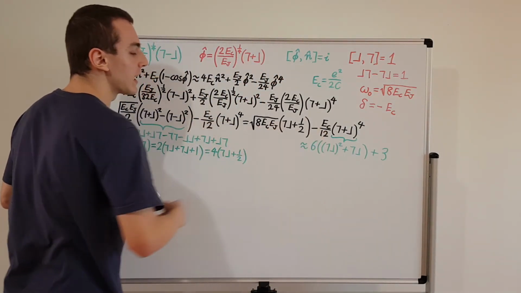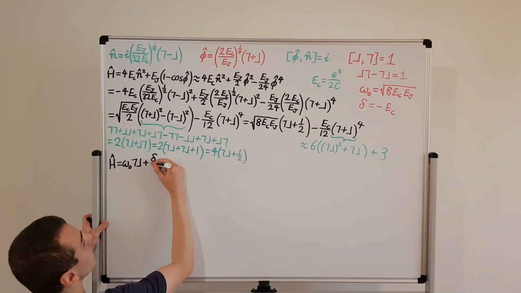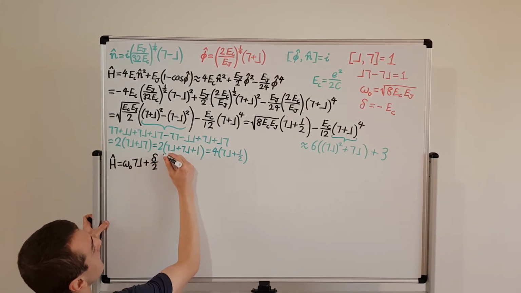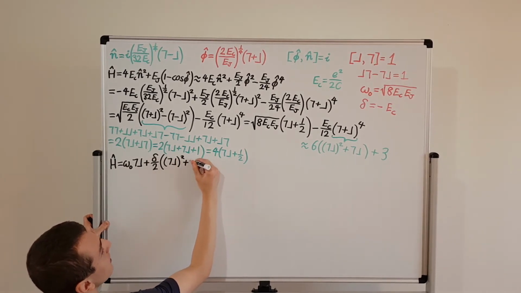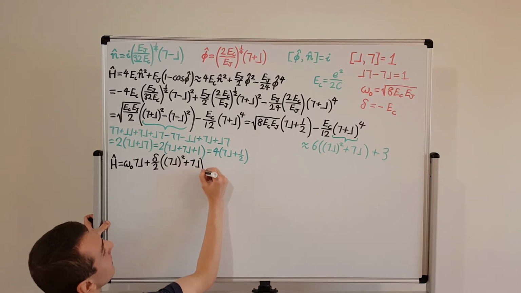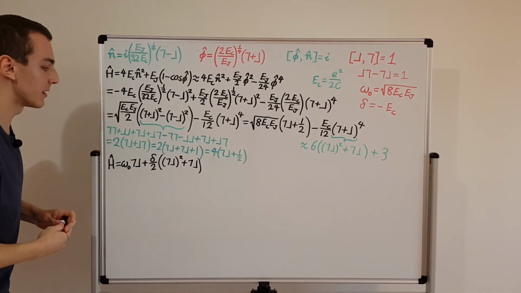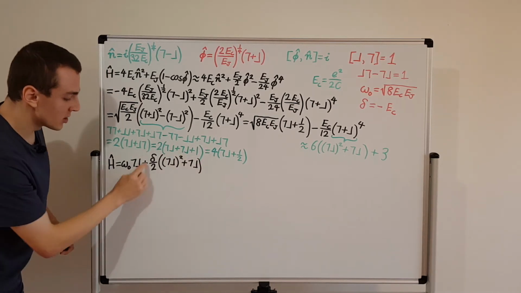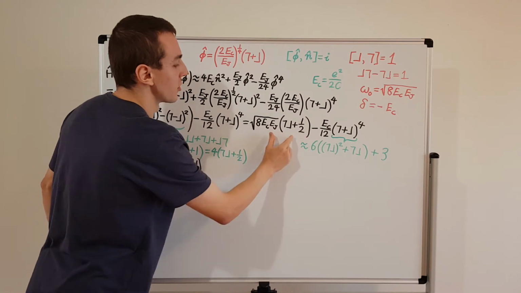So the next term we're going to get is plus delta on 2, and then we're going to have creation annihilation squared plus creation annihilation. So this is what we have. This is an approximate form of the Transmon Hamiltonian. Where did this come from? So this term in the front came from this quantum harmonic oscillator term.